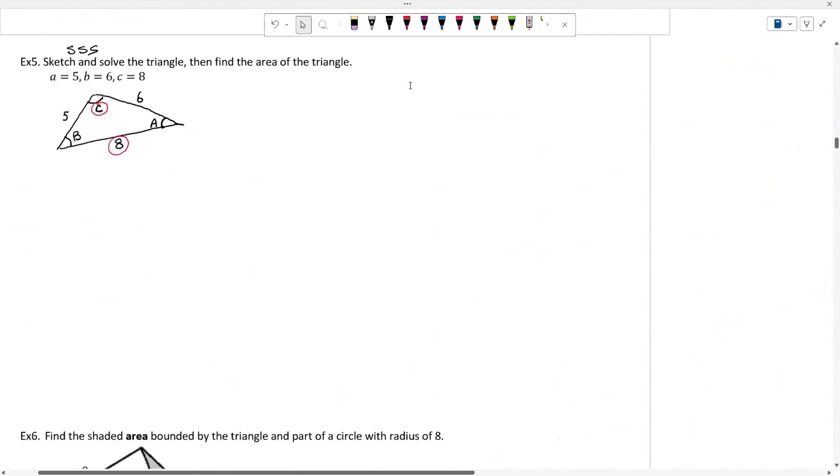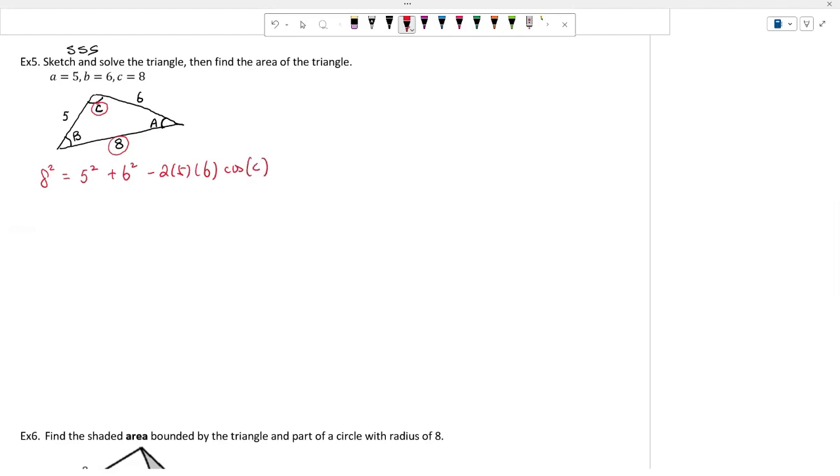Let's see how we set up the problem now. So I will have x squared equal to 5 squared plus 6 squared minus 2 times 5 times 6 cosine of C. Then I would like to solve for cosine of C. I have x squared minus 5 squared minus 6 squared equal to negative 2 times 5 times 6 times cosine of C. Then I will divide both sides by negative 2 times 5 times 6.